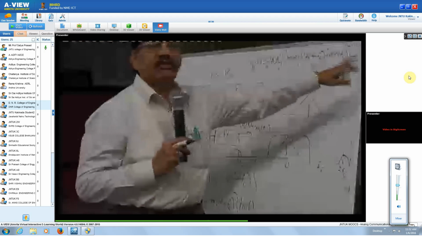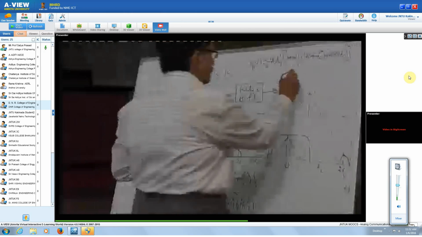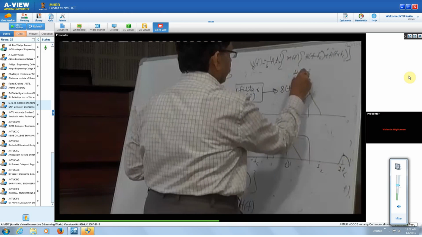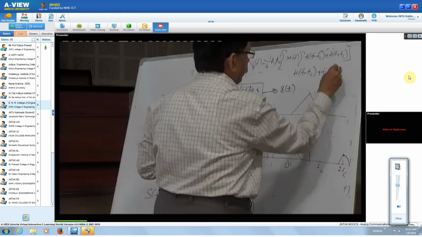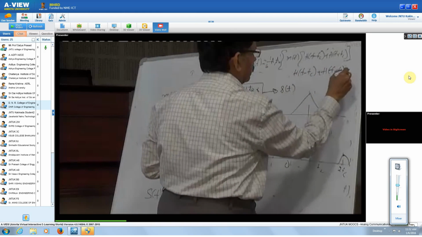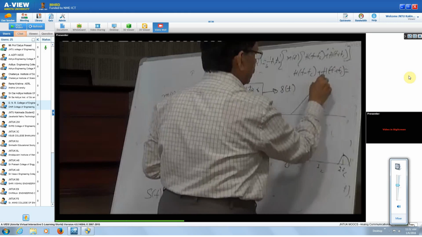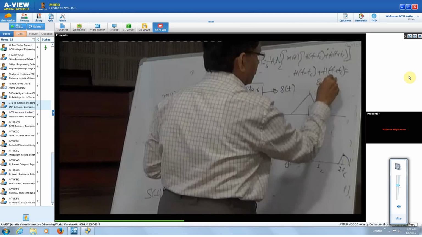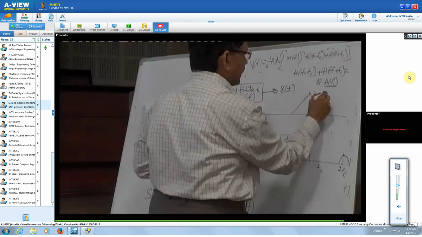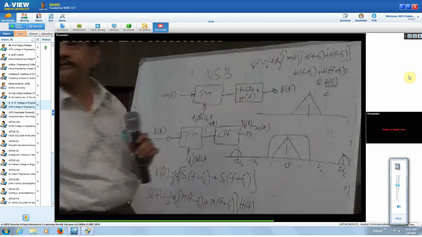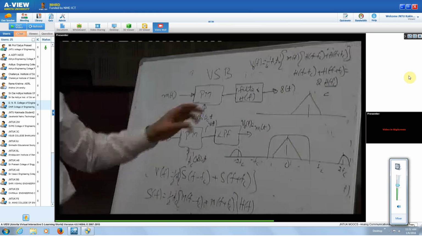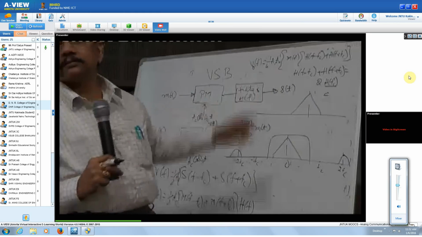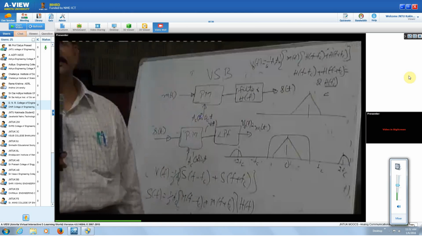Whereas by going for this, if you say that H of f equal to 2 H of Fc, where this H of Fc is some constant, that is the spectrum at center frequency Fc, and this is constant.